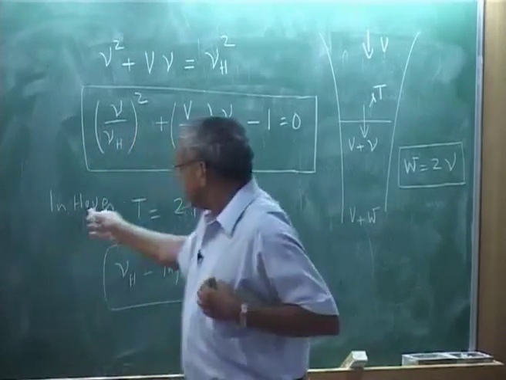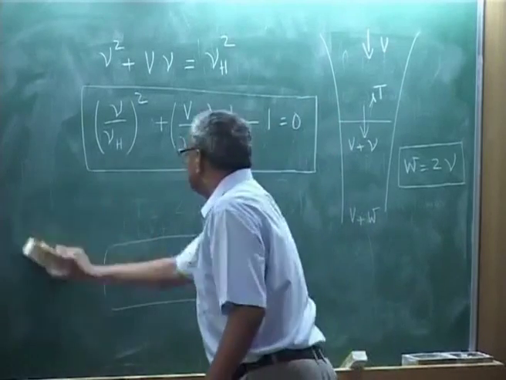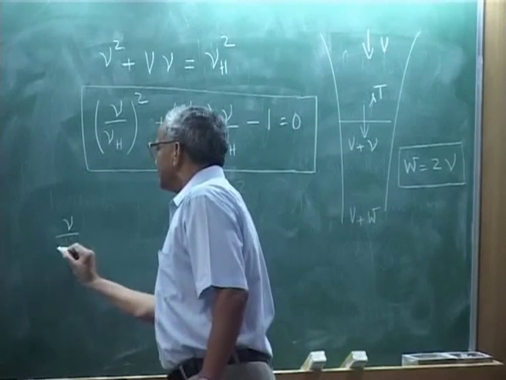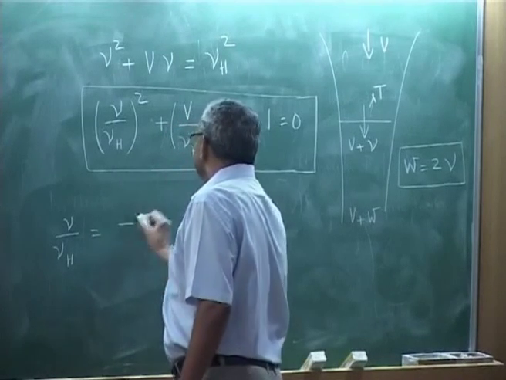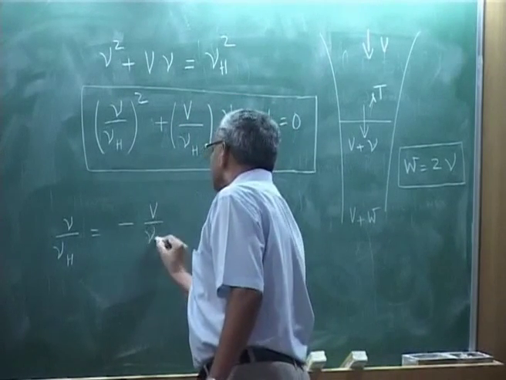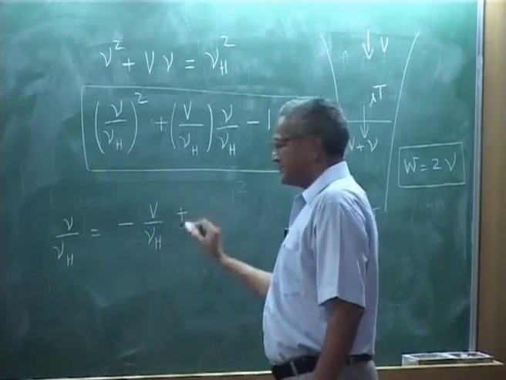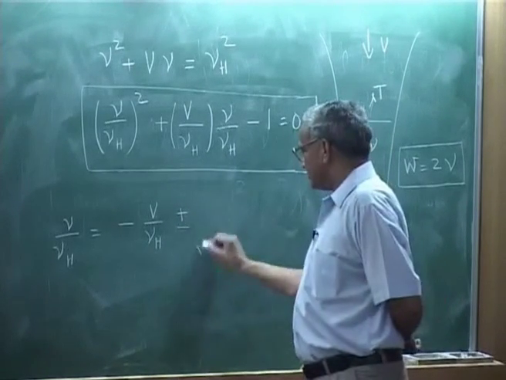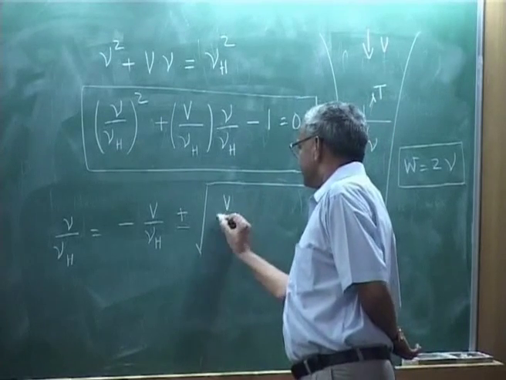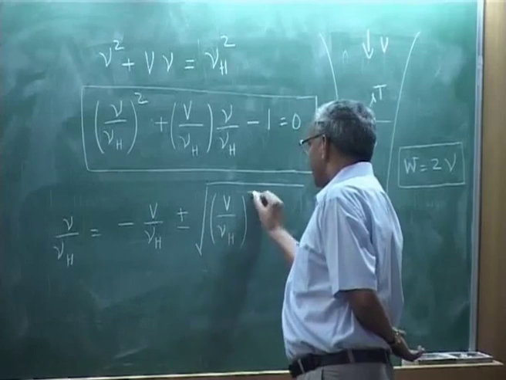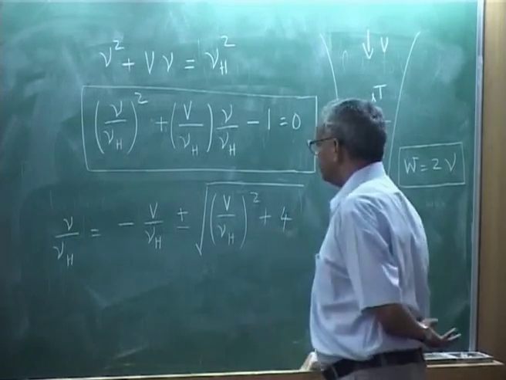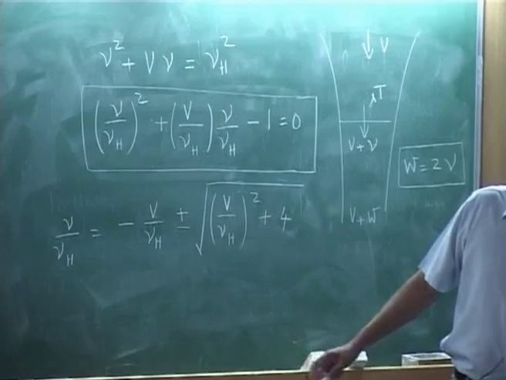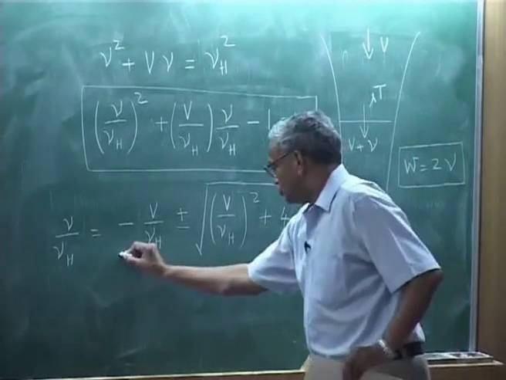Now, I can write a solution of this equation, that is nu over nu h equals minus, plus or minus square root of B square, this is the value, divided by 2.